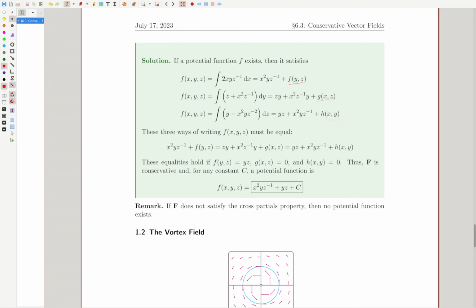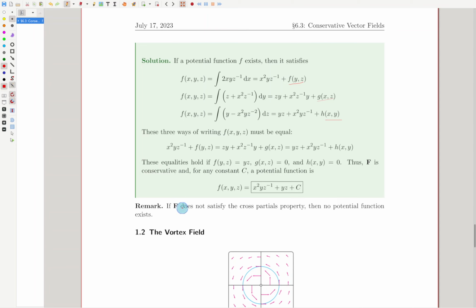And then you maybe get to the point where you're not certain, or you can't immediately see that the vector field has a potential function. In that circumstance it's worthwhile to check the cross-partial property first, just to verify whether F has any hope of being conservative at all.